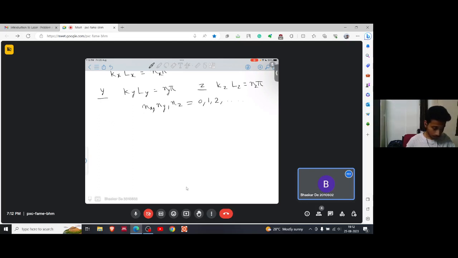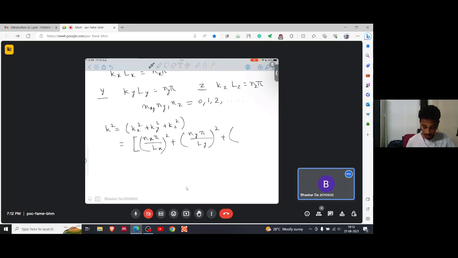Now k square equals kx square plus ky square plus kz square, equal to (nx pi by Lx) square plus (ny pi by Ly) square plus (nz pi by Lz) square.